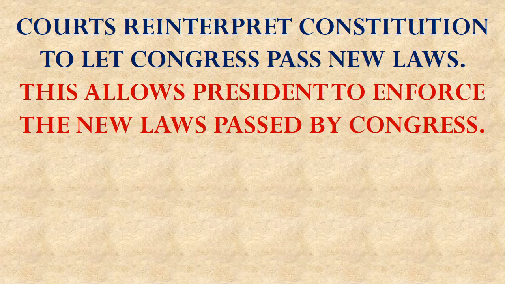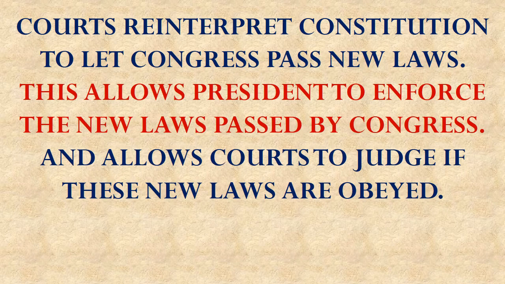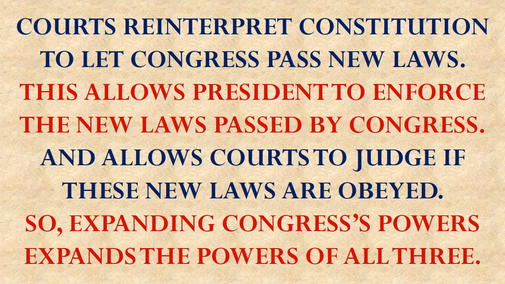His powers have effectively been expanded at the same time. And the courts then get to judge whether or not we've obeyed the laws in those new areas. So their powers have effectively been expanded too. So in this way, by the courts allowing Congress to expand its power, they've actually expanded the power of all three branches of government.